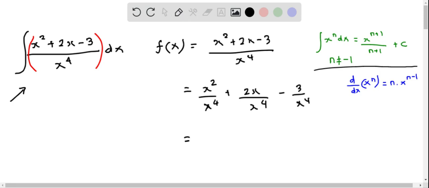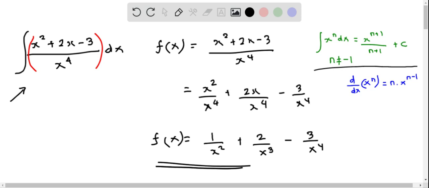So we can further simplify this. x squared divided by x power 4 is 1 by x squared, and 2x divided by x power 4 is 2 by x cube, minus 3 by x power 4. So we will utilize this form of f of x to integrate and then verify the result by differentiation.